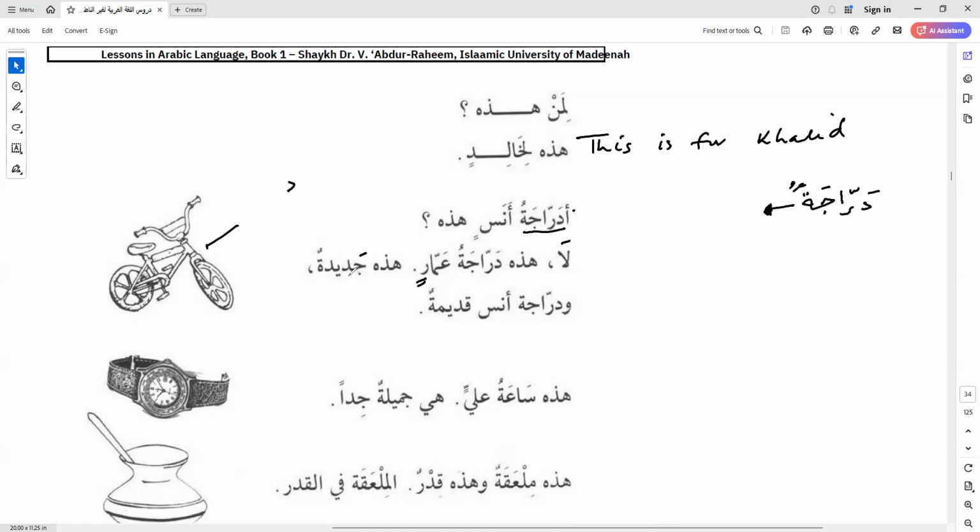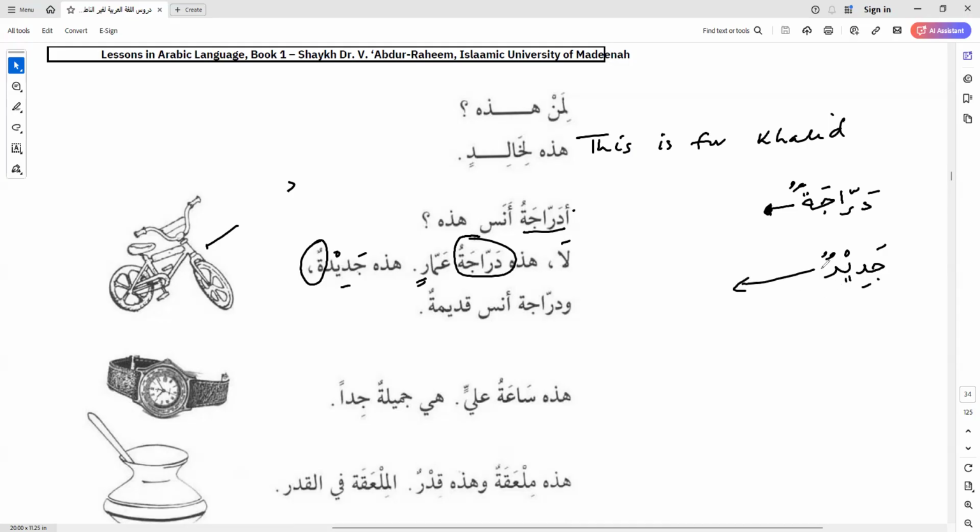هذه جديدة. Look at the Tau Marbuta here, because you are describing the daraja. So you have to say هذه جديدة. جديد in Arabic means new. As we have encountered, جديد is new.